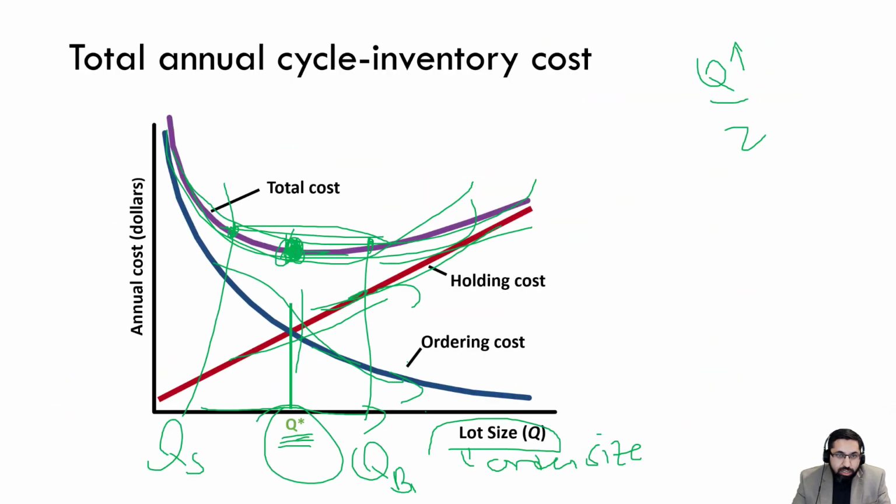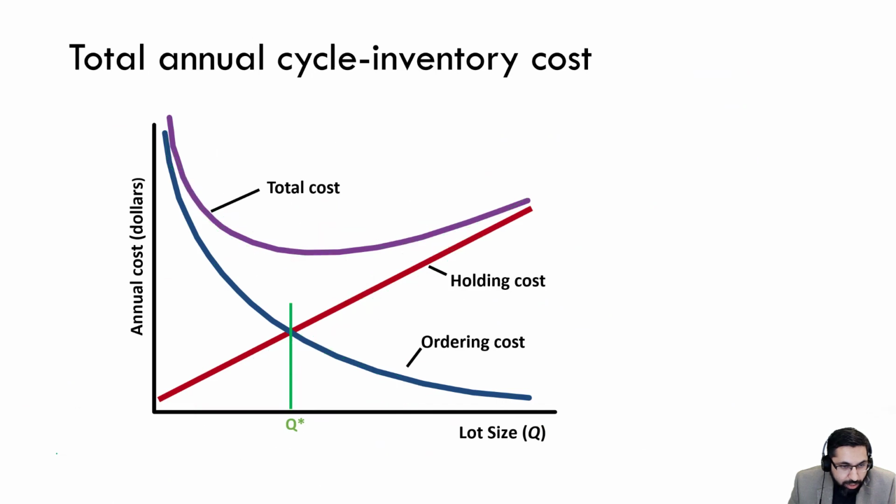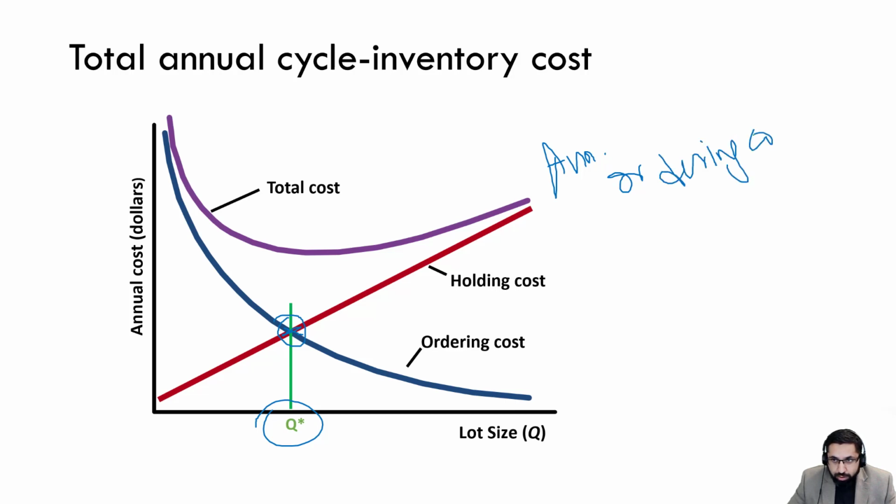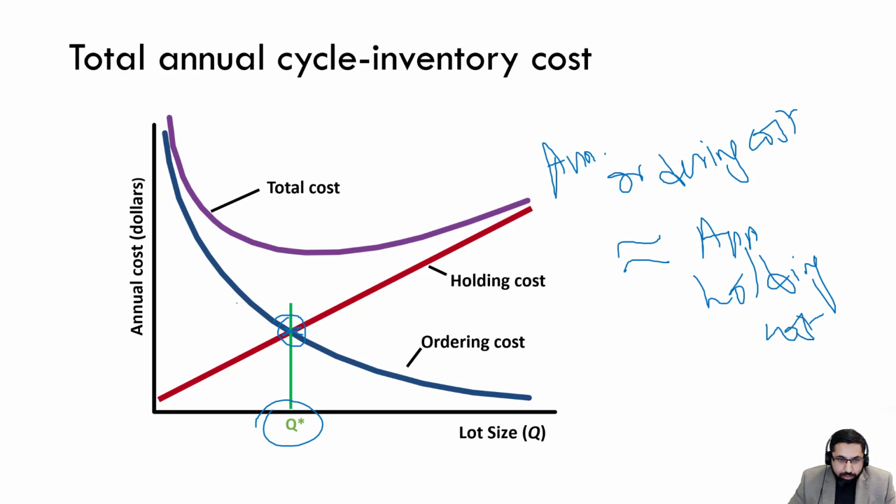If you go back to this nice picture, let me clear up the ink on the slide. What I want to show you is, at the optimal point, Q star, what is true? The blue line and the red line are equal. At the optimal lot size, your annual ordering cost is equal to your annual holding cost. Whenever these costs are not equal, you're not at the optimal Q star.